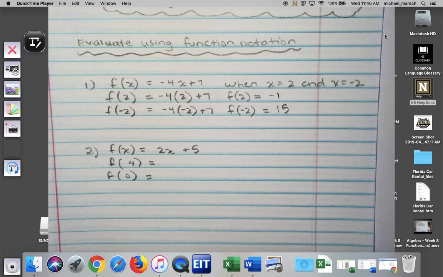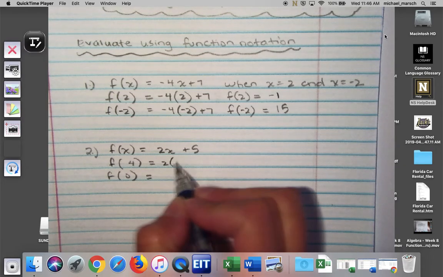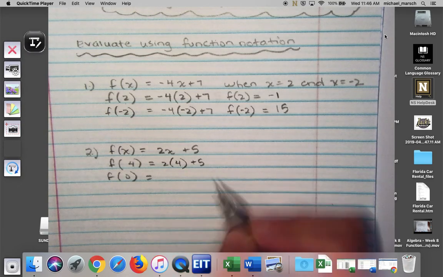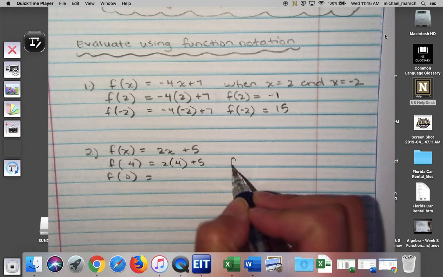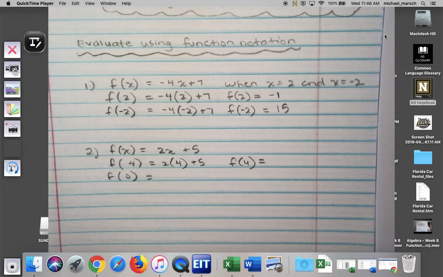What am I going to do mathematically with that 4? Where's it going to go? Atlee? Yeah, I'm going to put it in here where x was. And so what will the function of 4 be? Adam? 9.